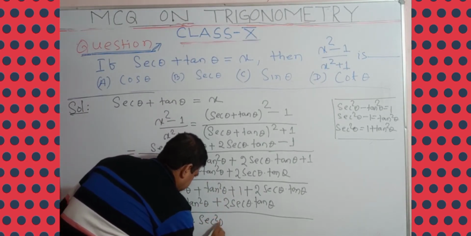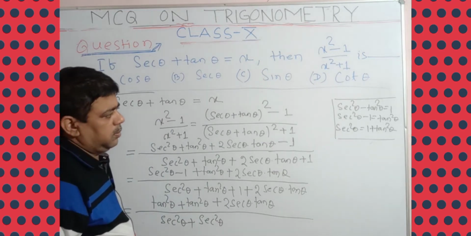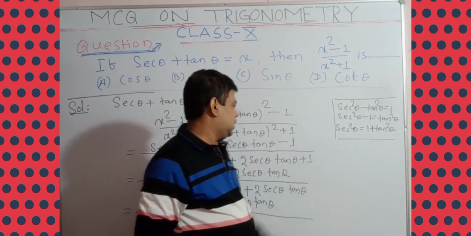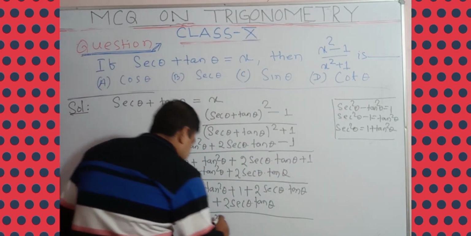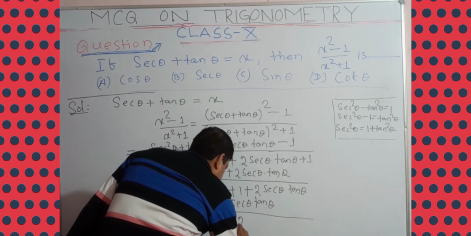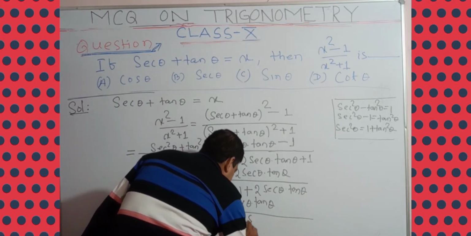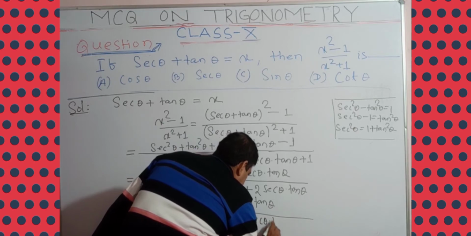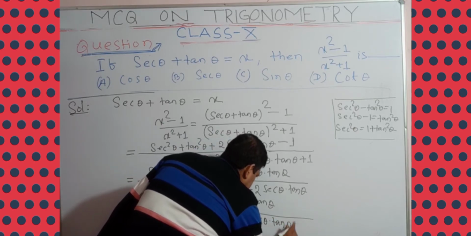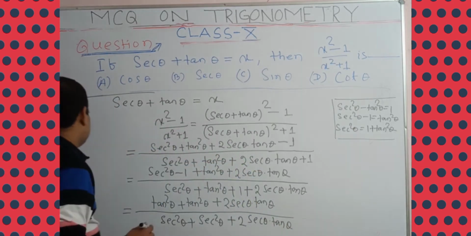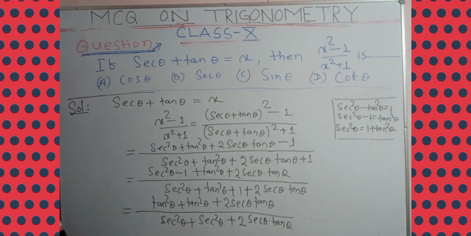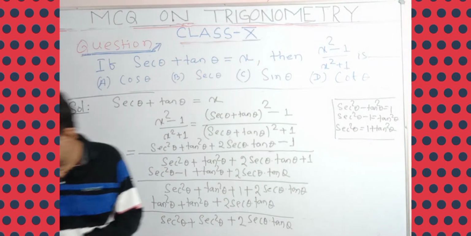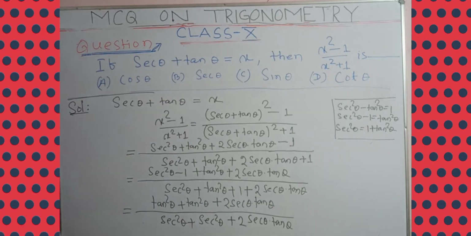We can use the formula: 1 plus tan square theta is what? Sec square theta. Can you write? Yes. So plus 2 sec theta into tan theta. Understood? Understood now? Okay. Is it clear?